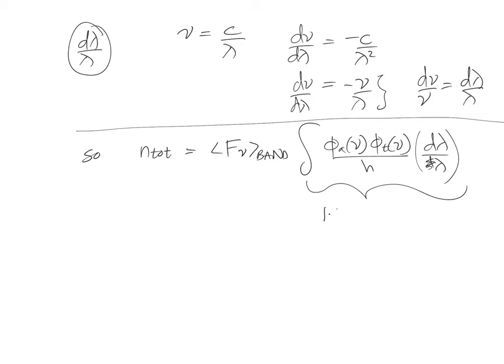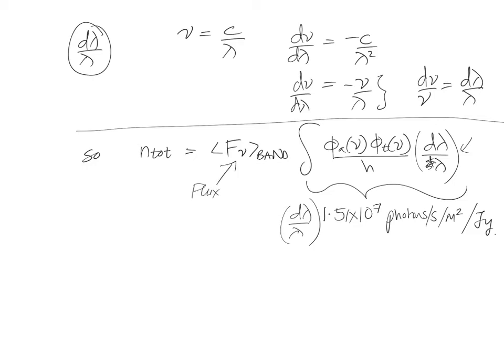They're telling you that this ends up being 1.51 times 10 to the 7 photons per second per meter squared per Jansky. And then they give you this value, d lambda over lambda, for each band, because it's going to be different in the different bands, right? And so basically there is a constant times this funky shape that they've calculated. And this is the flux in the table if you're dealing with an m equals 0 star.